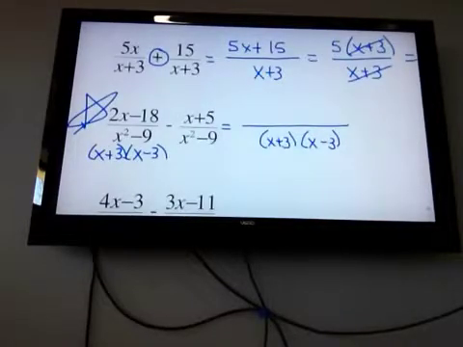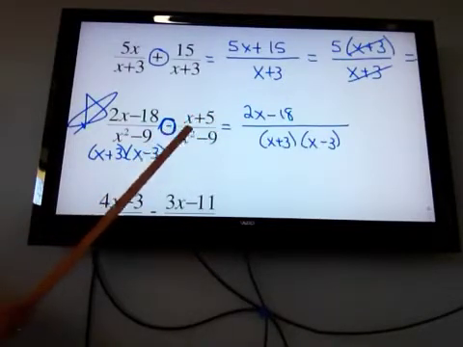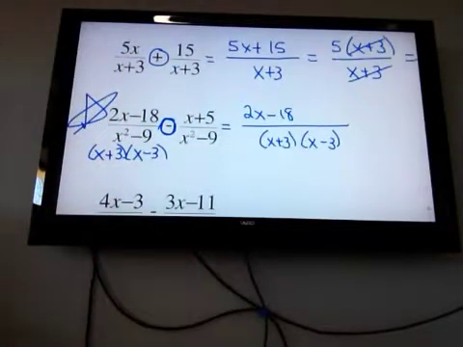So I'm writing it as a single fraction. My denominator's over there. I bring over my 2x minus 18. This is the first one we've done like this, because we're subtracting a quantity. In the other subtraction problems, they were monomial terms, so it didn't matter.